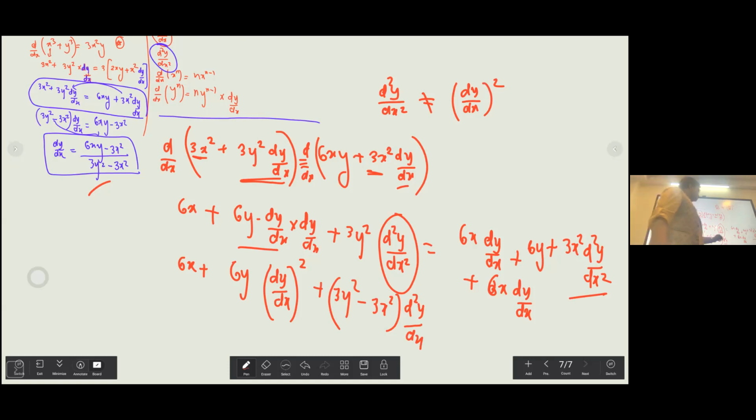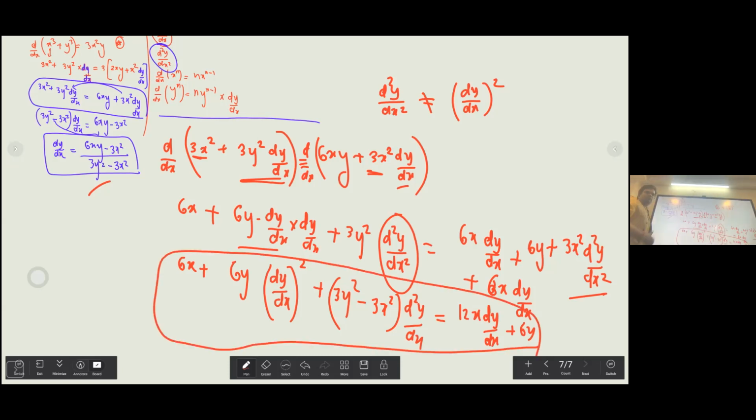There is no dy by dx there, so it will become 12x dy by dx plus 6y. Sometimes they ask you to prove these steps, like prove this identity with the given relation. So this is mainly about implicit differentiation and understanding how this is happening.